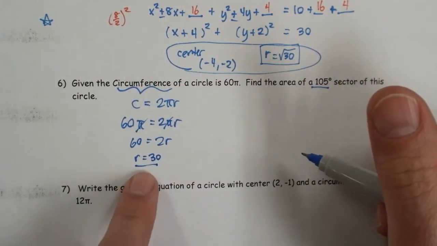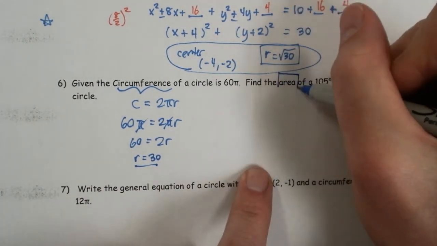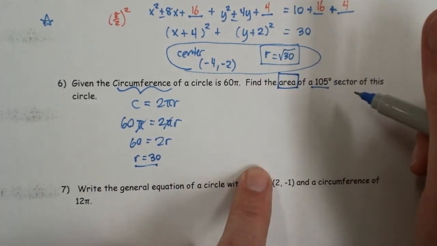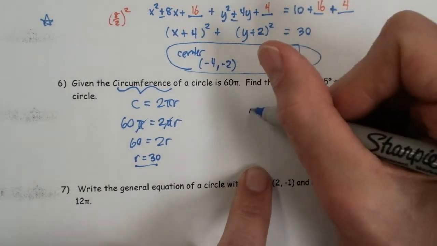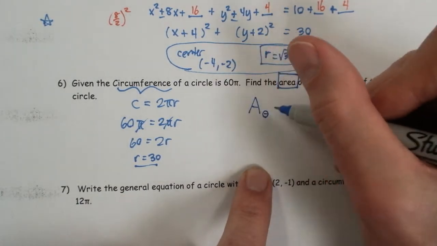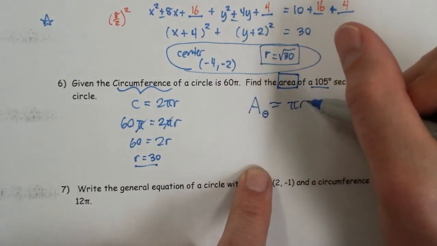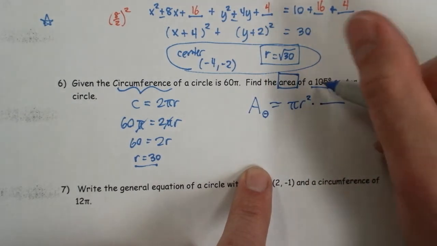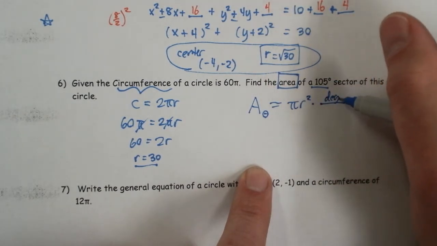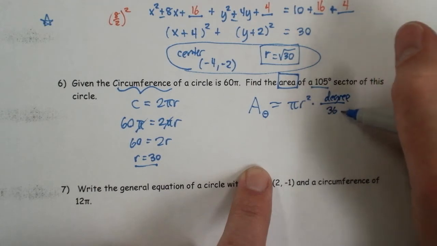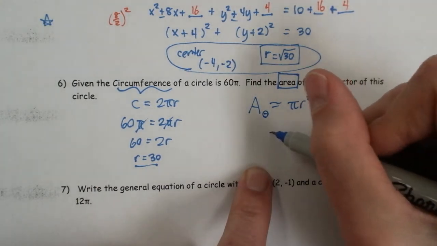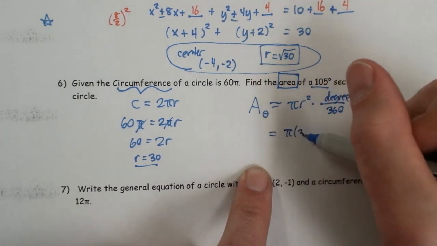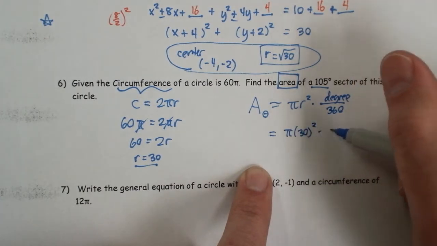Now we need the radius because it says find the area of a 105-degree sector of this circle. Well, the area formula of a circle is pi r squared. And if I have a degree sector, I have to do degree over 360. So I need to plug my 30 in for the radius. And my degree is given, that's 105.